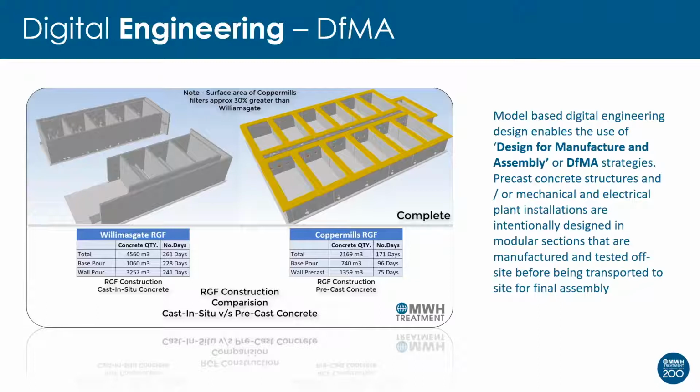The project on the right is Copper Mills, and that was installed using an off-site approach. So if you just look on the two tables there, the number of days on site, you can see the difference there. So that is a direct reduction in risk for that site, and obviously cost as well. So DFMA absolutely links into digital engineering and plays a key part.